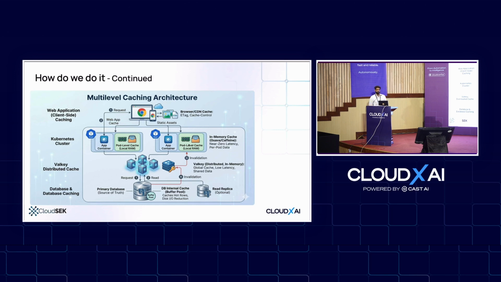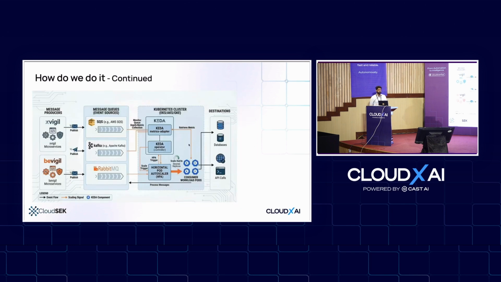Above that, at the pod level as well, we have in-pod caching that again reduces response time. And then comes your web application caching on your laptops itself, right? Because of this layered caching, you're reducing the load on databases and improving user interaction. Pod-level caching is even more important when you're talking about service-to-service architecture.